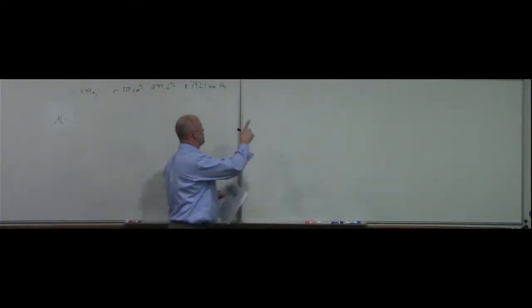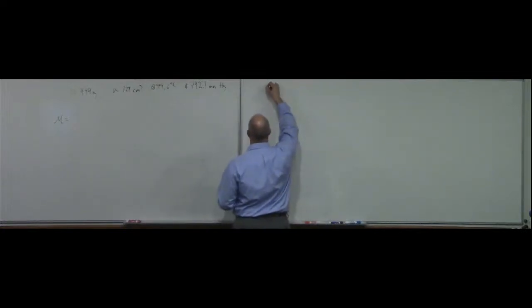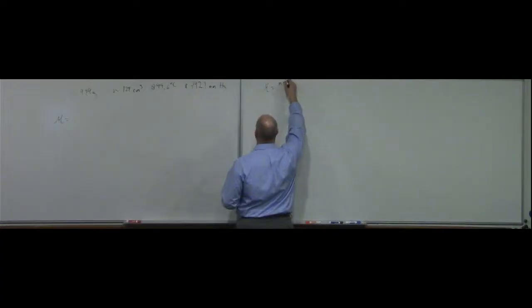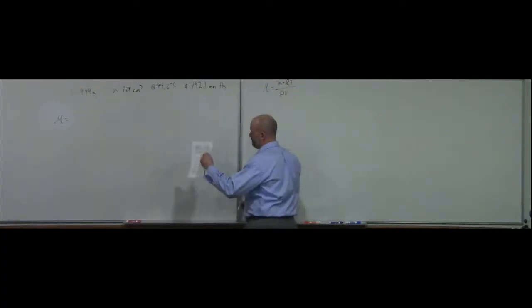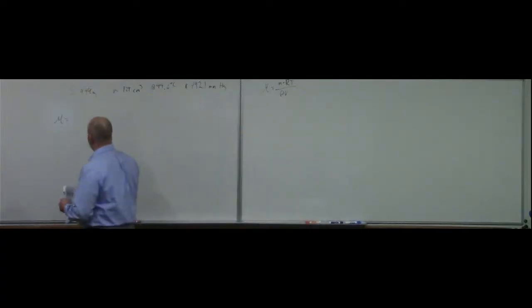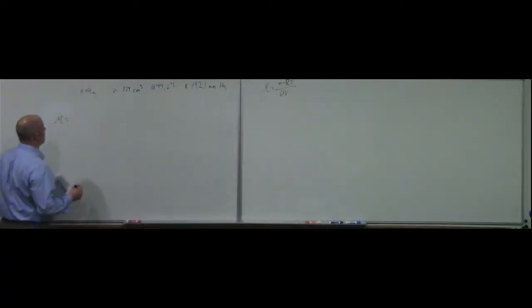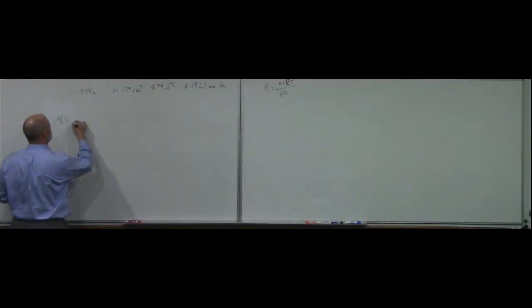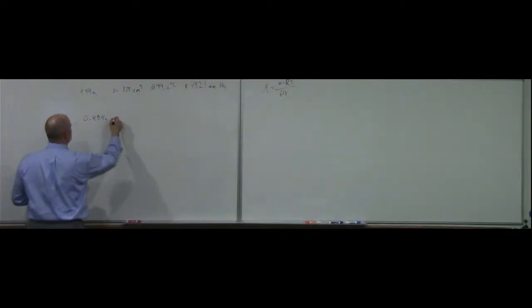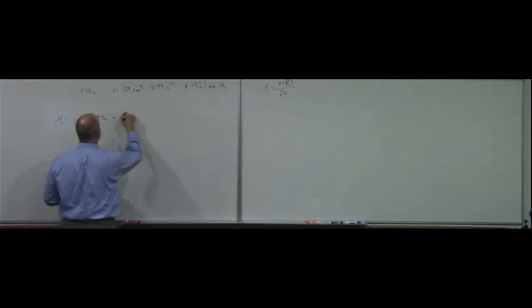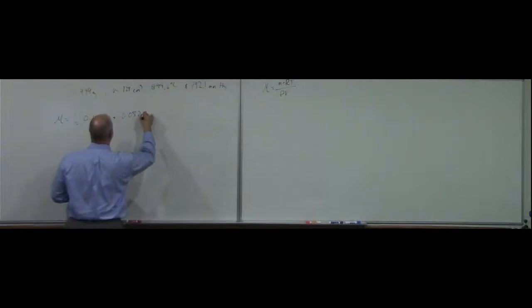So we did some problems with molar mass a minute ago, and we said molar mass equals mass times RT over PV. Pressure and volume on the bottom. Okay, good. This shouldn't be too hard. So I'm going to take my mass, which is 0.494 grams, and multiply it by 0.0821.